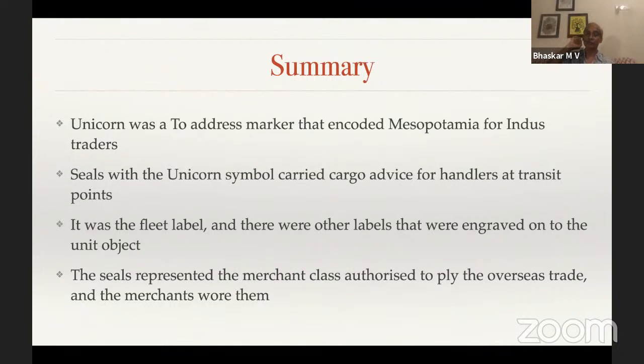But I sent the cargo throughout with unicorn imagery to the Indus network, and that Indus network was distributed far and wide beyond the Indus realm, in West Asia, in Bahrain, in Oman, and in various other places, and had reached to the Persia of the time, whatever Persia was called then, and the Mesopotamia of the time, and maybe even to the northern regions of Mesopotamia, such as Syria.